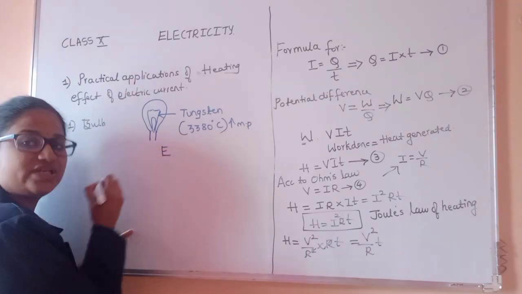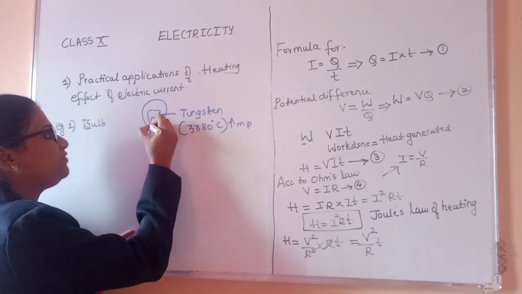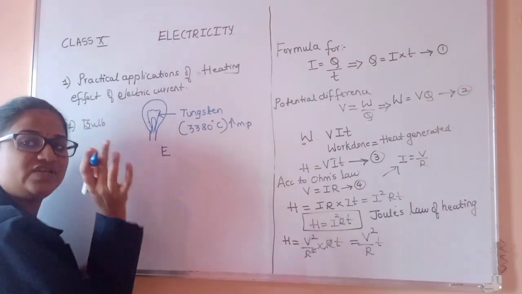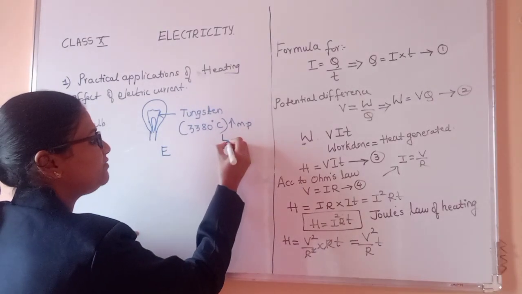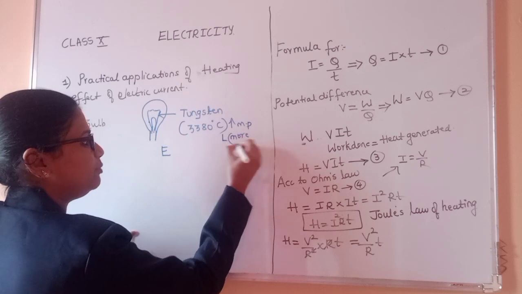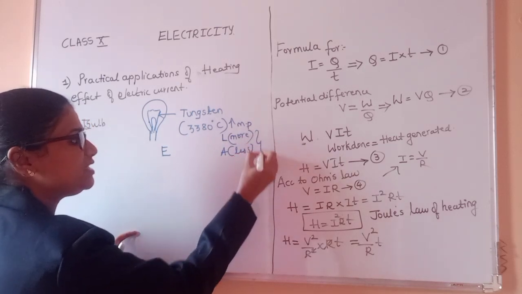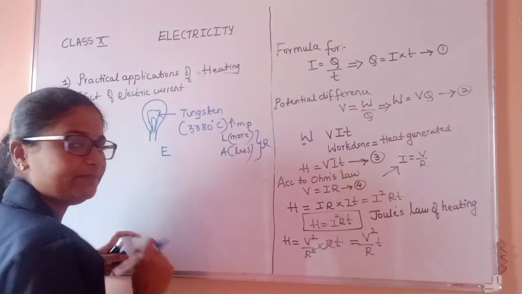When electricity is passed through the bulb, that is, electrical energy is passed through the bulb, it will heat the filament. When you see the filament or the wire, its length is more and its area is less. Why? Because when length is more and area is less, resistance will be high.